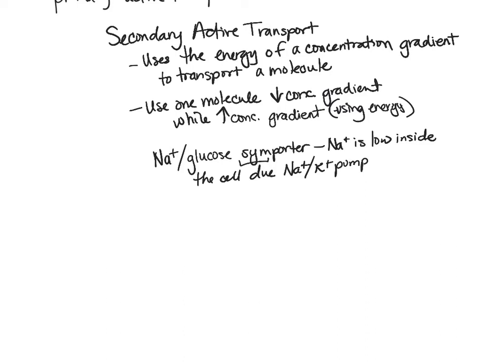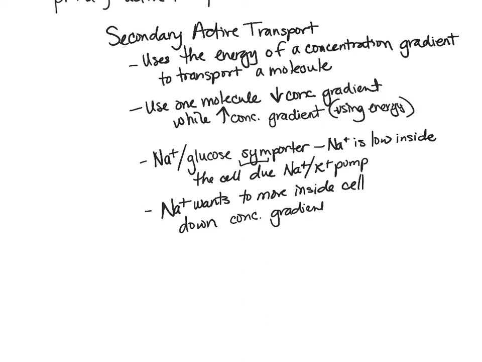But sodium wants to move inside the cell, because it wants to move down its concentration gradient. So then we allow sodium into the cell, moving down its concentration gradient. So this is allowed.